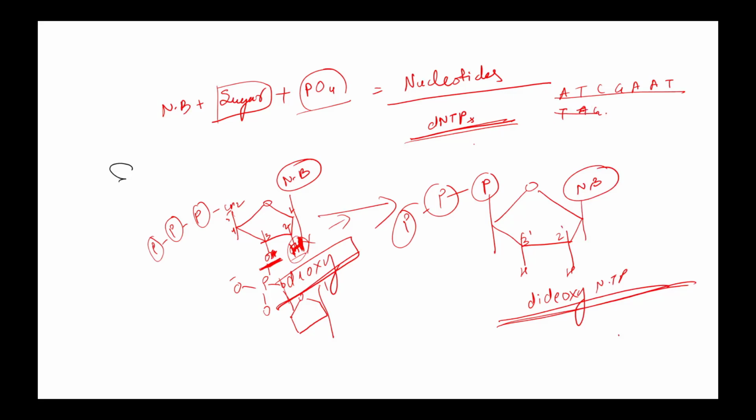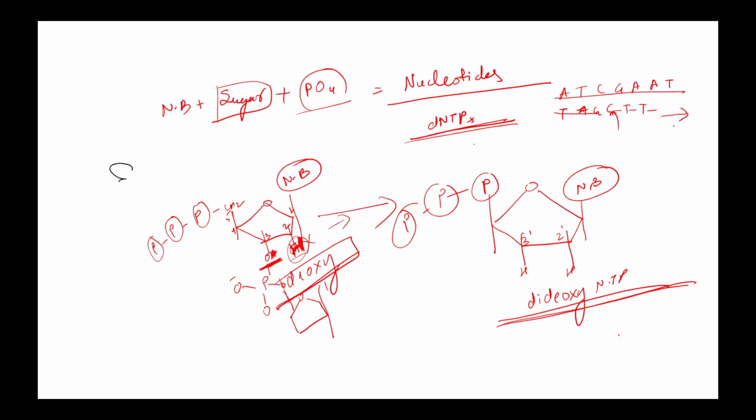A primer that will bind here, and the next nucleotide will come and attach here, and then another nucleotide, and they keep on synthesizing the phosphodiester bond between them, and that's how the chain will elongate.